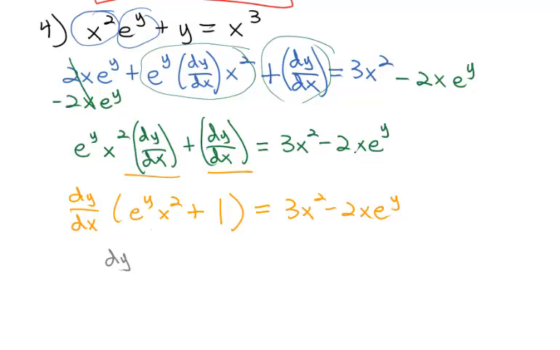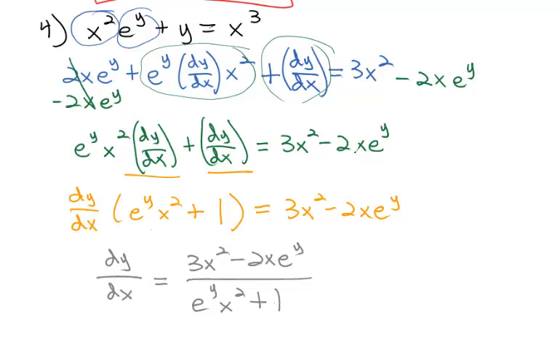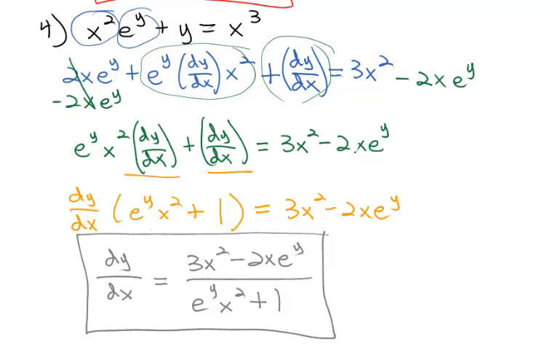And so one final step is to divide by that factor. So we have dy/dx is equal to 3x squared minus 2x e to the y all over e to the y x squared plus 1. We have our derivative.